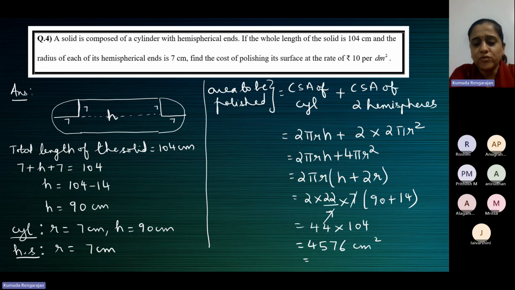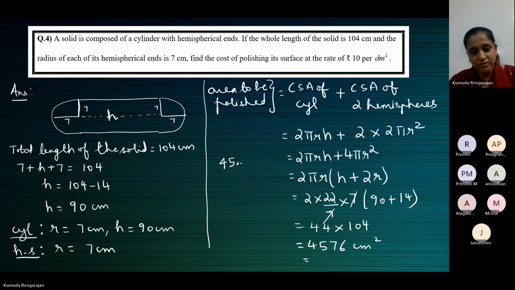I have only these digits, 4576, no? 45 point... No, one of the digits is off. Come again. Let me write. Pritesh. Yeah, 45 point... Ma'am.